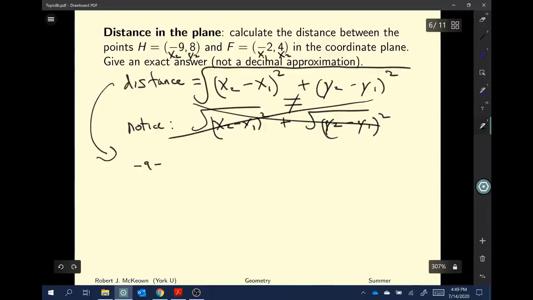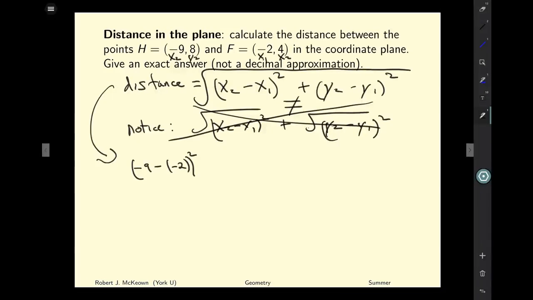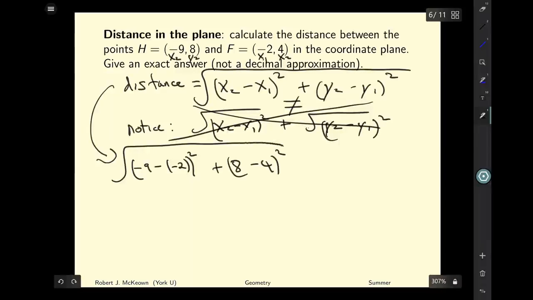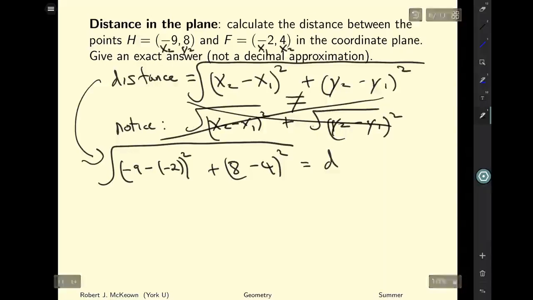So we've got minus 9 minus minus 2, and that whole thing squared, plus 8 minus 4, that whole thing squared, and then not to forget, we're going to take the square root of the whole thing, and that's going to be equal to d.